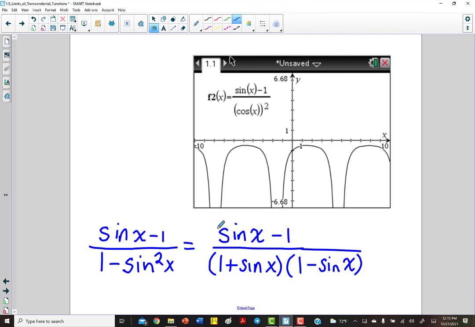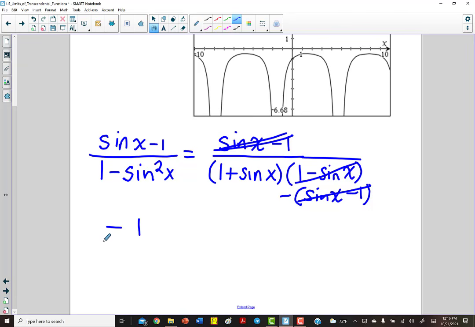So in this case, I can remove this factor, sine of x minus 1 and 1 minus sine of x. Those are the same factor if we just consider this switched around as negative sine x minus 1. So that factor removes this factor, and we just have a factor of negative 1 in our numerator. So negative 1 divided by 1 plus the sine of x.